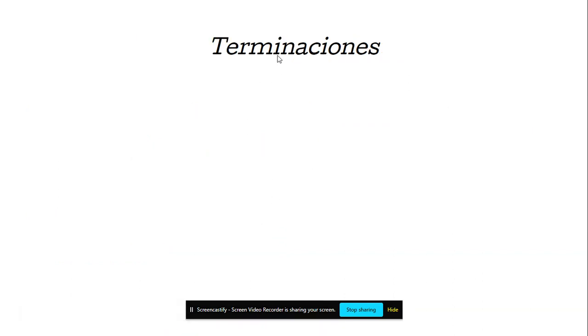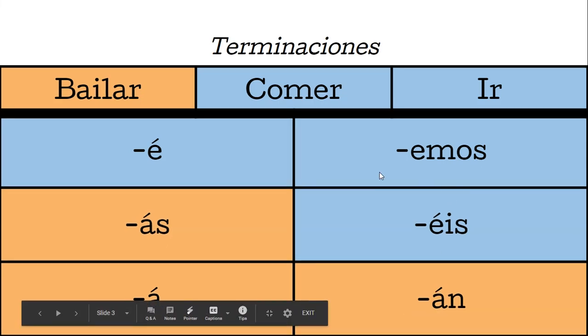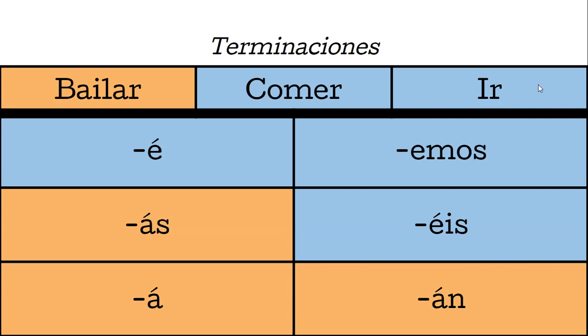Las terminaciones, which you put directly on the end of your infinitive. And again, I put colors here just so you guys could see that they're kind of like an E and A mixture, but it does not matter because all of these 6 endings right here actually go directly on whatever the word would be. So we have bailar, comer, ir. It doesn't matter. They all are in their infinitive already. We have bailar.